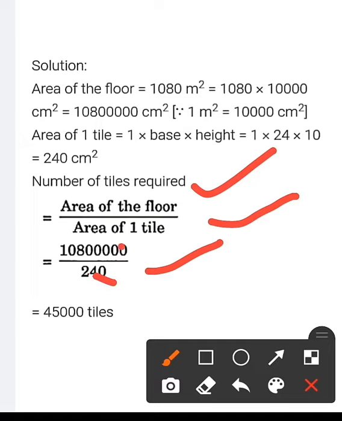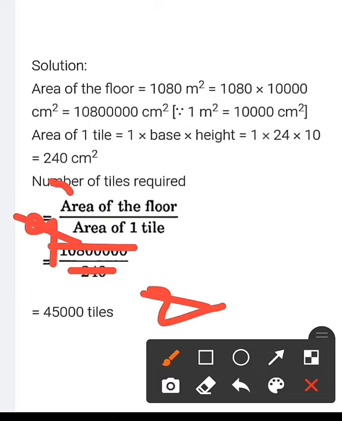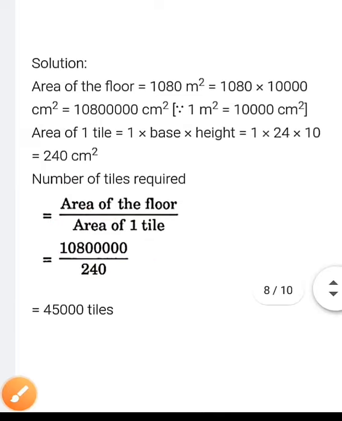So 0 and 0 cancel, 24 and this 108 and this 40. You can start cancellation with 2. You can start with 12 also, because 12 2s is 24 and 12 9s is 108, and again 24 5s will give you 90. Here 90 00 something will come. So 45,000 tiles will be your total answer.